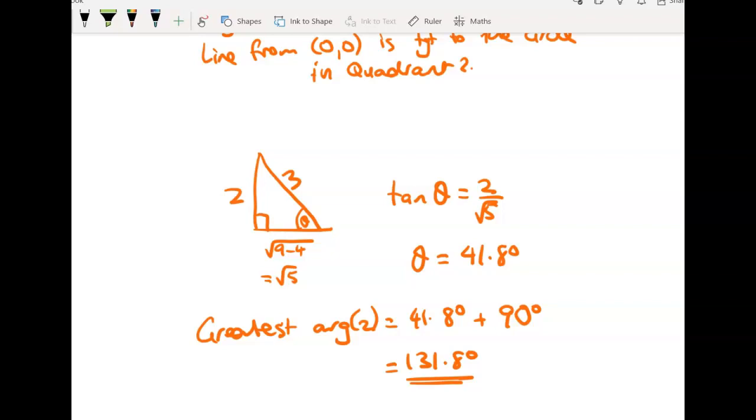So let's get rid of the smallest one in that line. So the argument that I'm looking for is this angle in here.